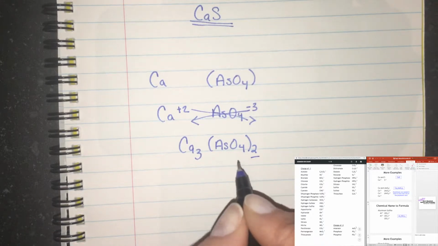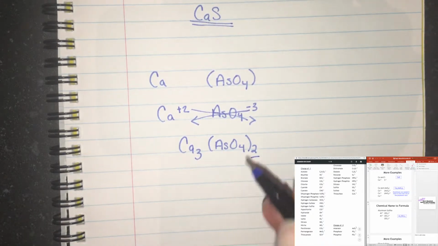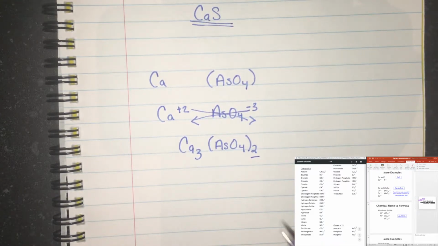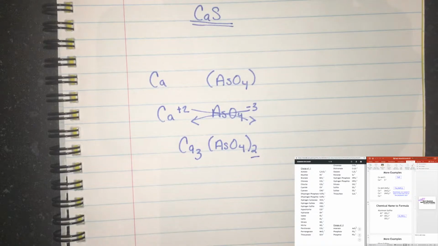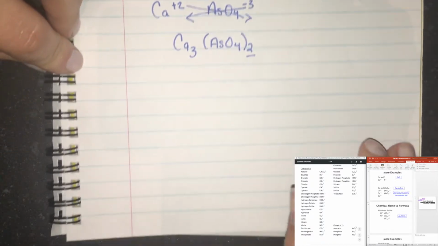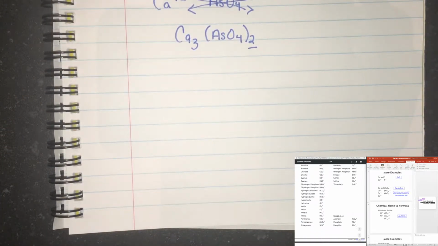If you only have one, it's optional. So to be safe, you can always put it in parentheses, but you will see it both ways, both on my test and IB test. It's optional, so just know that if you do it all the time, you might not see it all the time.